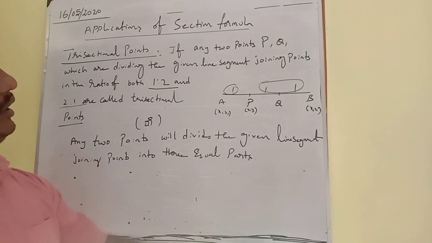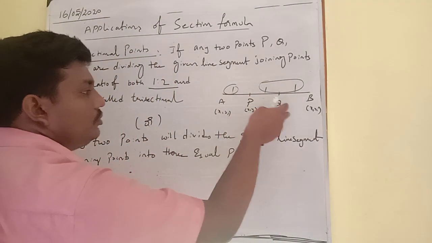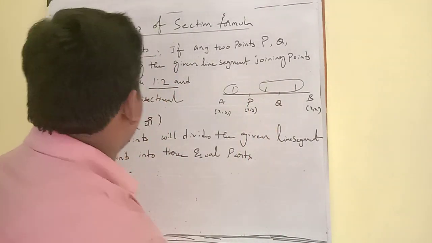So this is a very important condition, trisection points. In this we are getting two more unknown points.